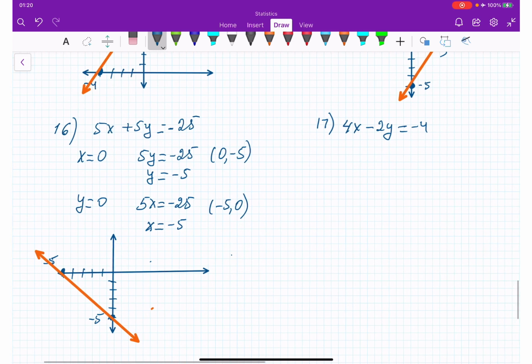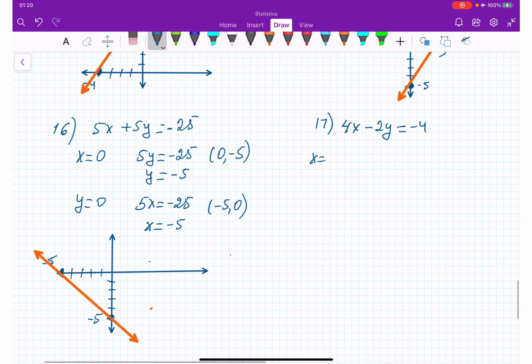So x is equal 0. We have left negative 2y is equal negative 4. Dividing negative 2, negative 2. And our y is equal positive 2.